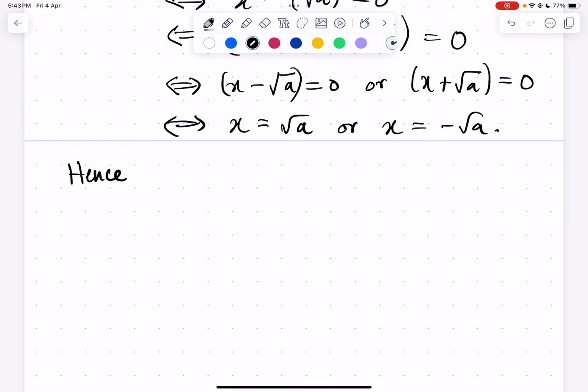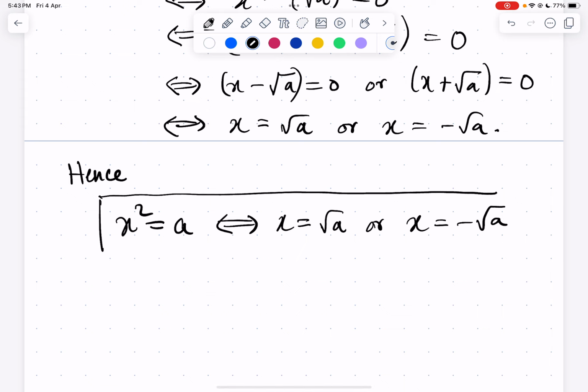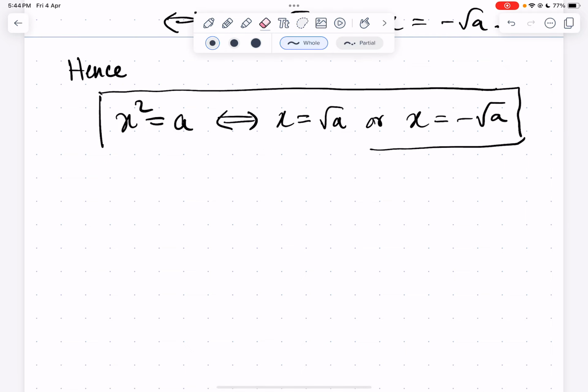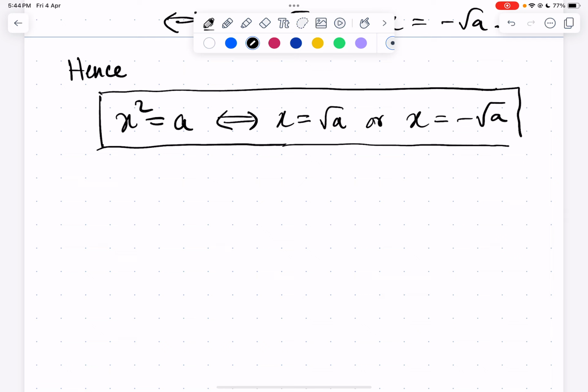We can rewrite this constraint x square equals A as x equals root A or x equals minus root A. We are given A is positive, hence we can write saying x square equals A is same as saying this statement, that x equals root A or x equals minus root A. So what are the solutions? We have two solutions, right? Hence x square equals A has solutions.